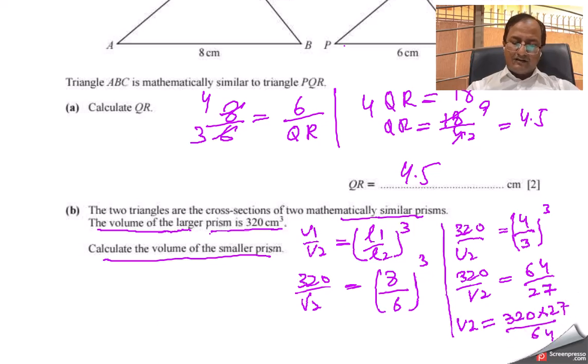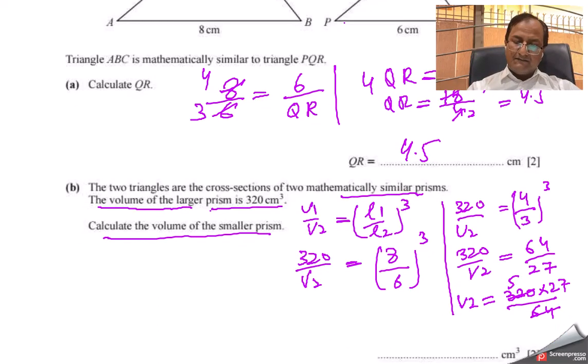Now 64 fives are 320, so V2 is 5 times 27, which is 135 centimeter cube. This is basically the volume of the smaller prism.